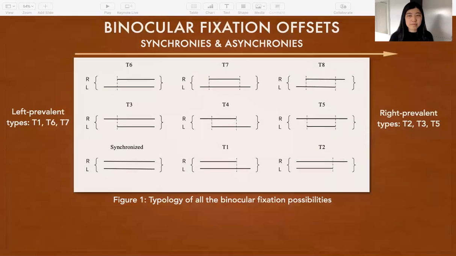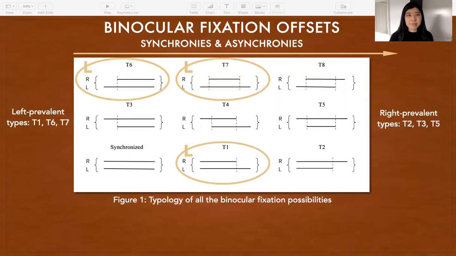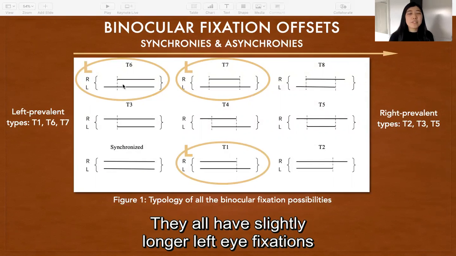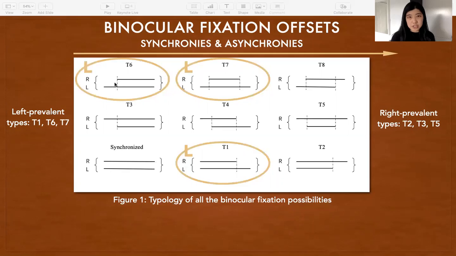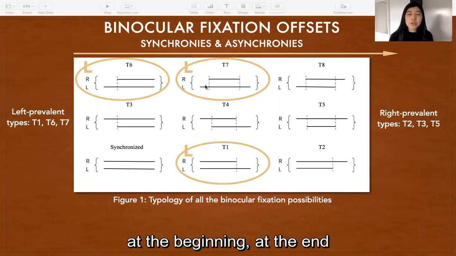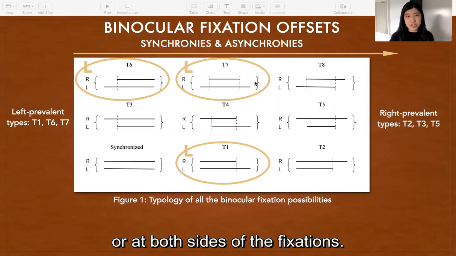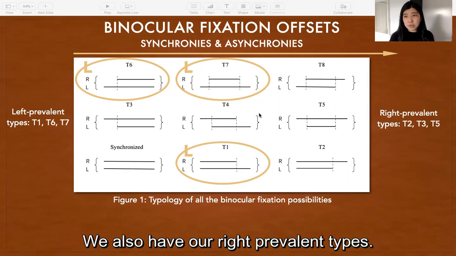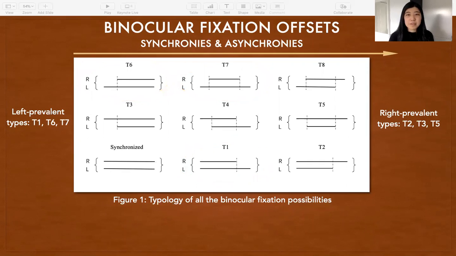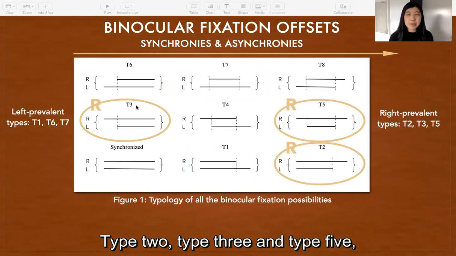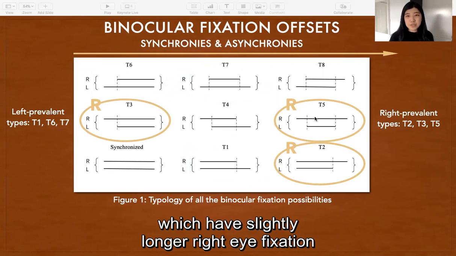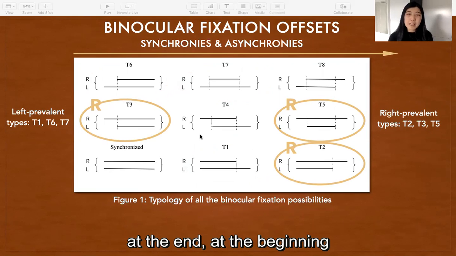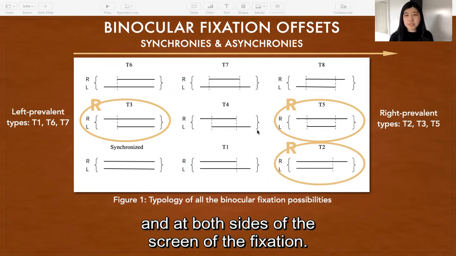They all have slightly longer left eye fixations at the beginning, at the end, or at both sides of the fixation. We also have our right prevalent types, type 2, type 3, and type 5, which have slightly longer right eye fixation at the end, at the beginning, and at both sides of the fixation.